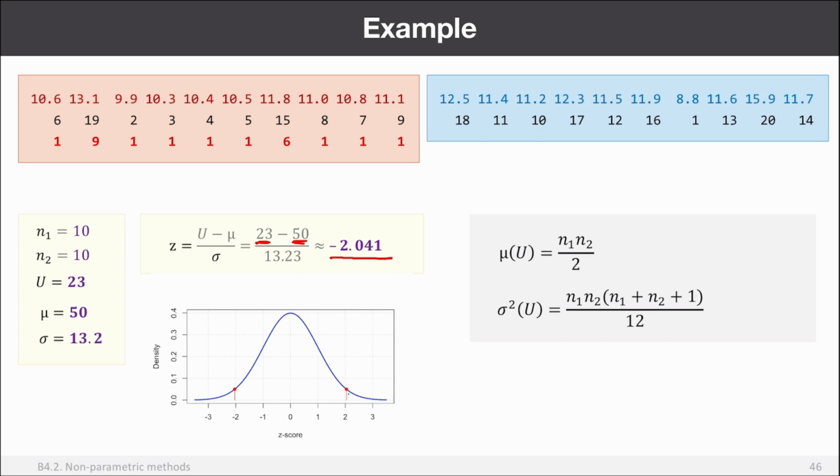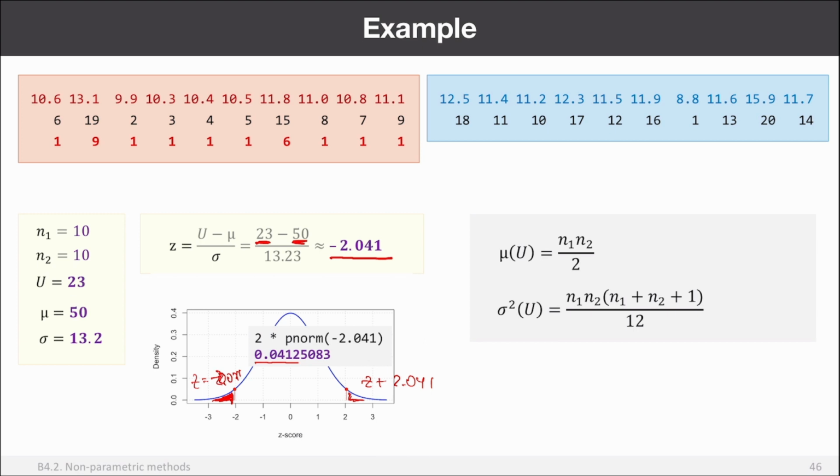So therefore, we need to find this area for z-score plus 2.041, and this area for z-score minus 2.041, right? I can simply take this area and double it because they are symmetric, right? The distribution is symmetric. This is what I have done here, and then you can see that the p-value is 0.04. So in this case, we can reject the null hypothesis and assume that indeed, in this sample, tablets from producer A work worse than tablets from producer B, right? Because the median time is smaller.